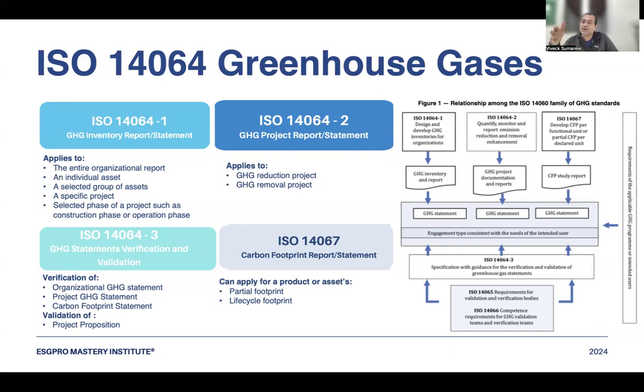While ISO 14064-2 quantifies, monitors and reports emission reduction and removal enhancement. So that lies in the center, which gives you a way to monitor those particular data which we are requesting from different departments. And 14067, of course, talks about developing a CFP on a functional unit basis.